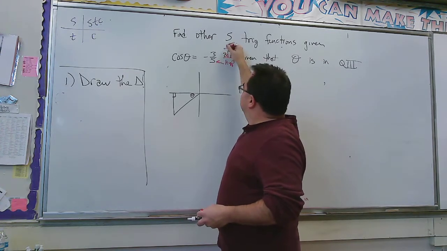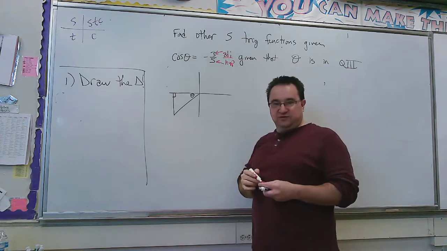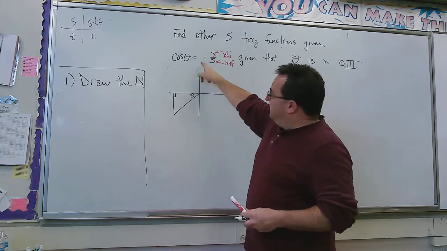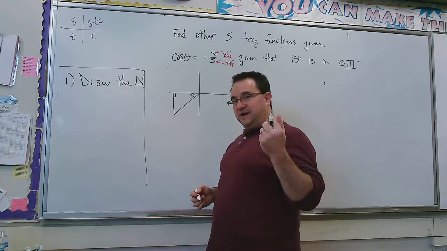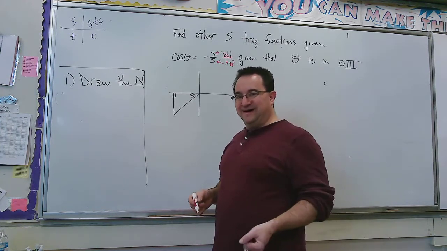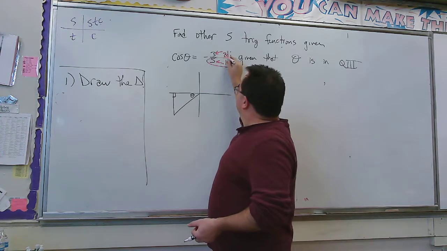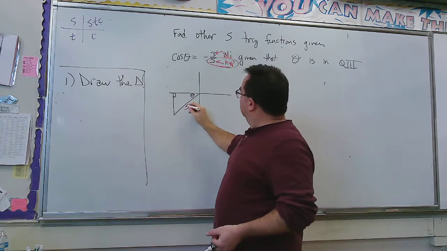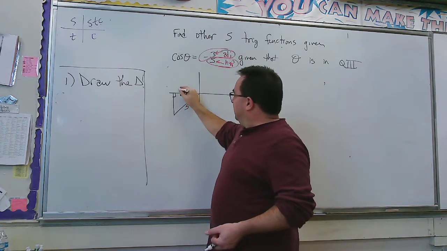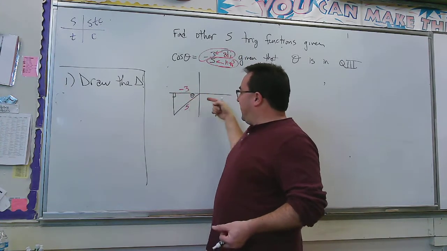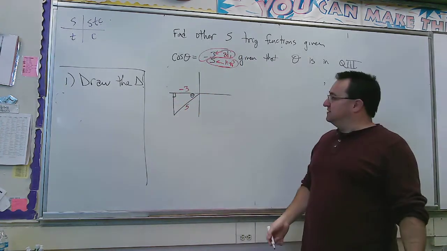So that's got to be the hypotenuse, and that's got to be the adjacent. That minus is a problem, so think about that. Remember I told you the hypotenuse is always positive? So the hypotenuse is 5, and that minus must go with the 3. And look, that makes sense because that's back. That makes sense.